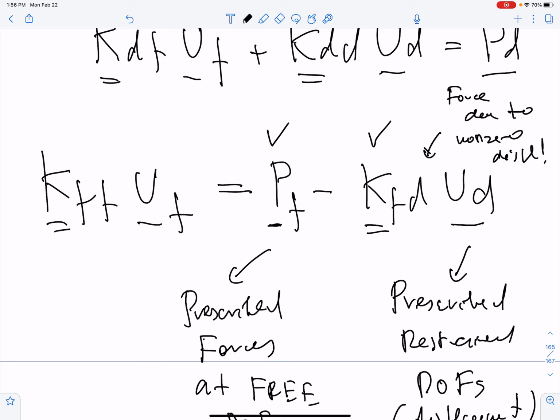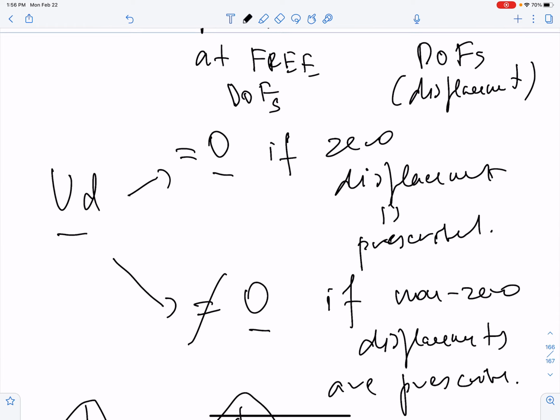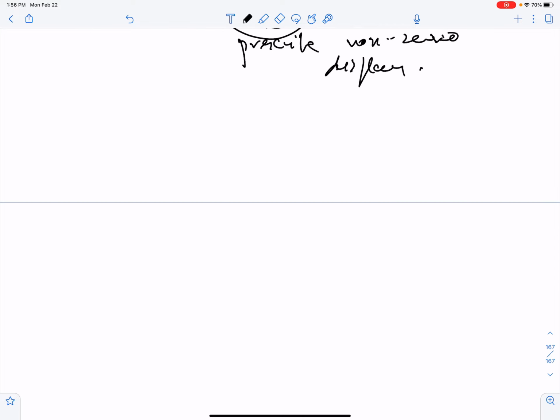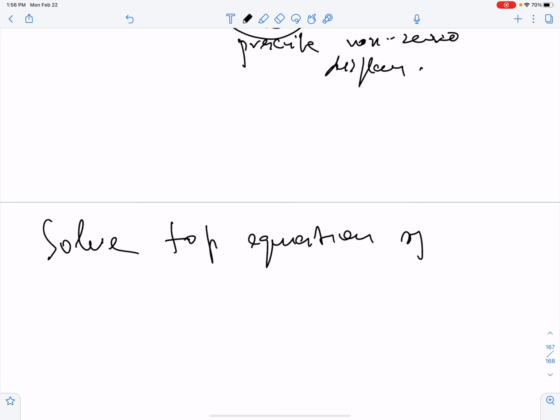And so now it's interesting. If you look at this equation set, you're consistently accounting for the forces that are applied directly to the structure, and forces that are applied indirectly to the structure due to the motion of supports. And now you know that although your K is not invertible, KFF is invertible. And so you can solve the top equation system for UF as follows.